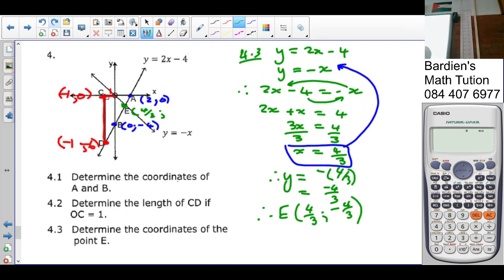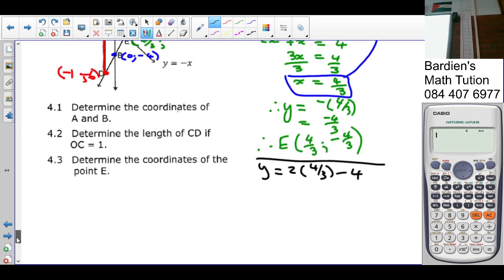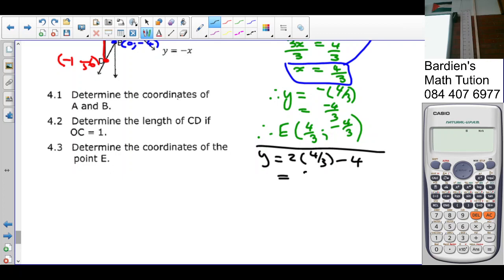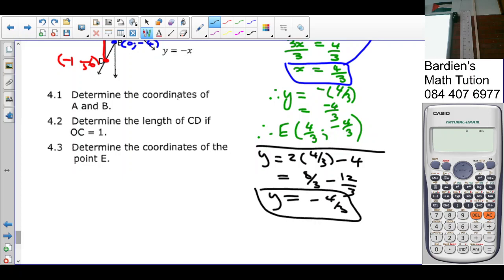If you had substituted into the other equation, you should get the same answer. I'll show you: y equals 2 times 4 over 3 minus 4, which is 8 over 3 minus 12 over 3, which is negative 4 over 3, the same point.